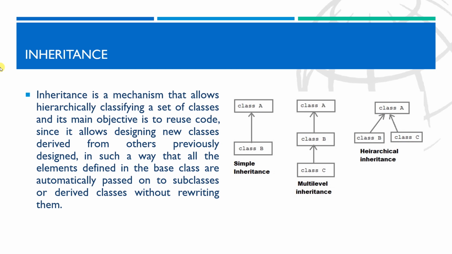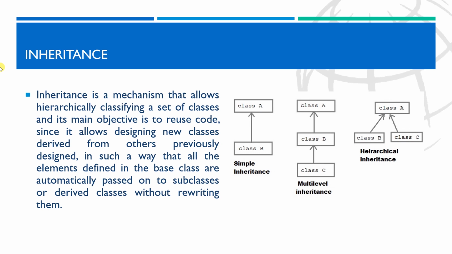Now, inheritance is an important pillar of object-oriented programming. It is the mechanism in Java by which one class is allowed to inherit the features of other classes. The important terminology: the class whose features are inherited is known as the superclass.